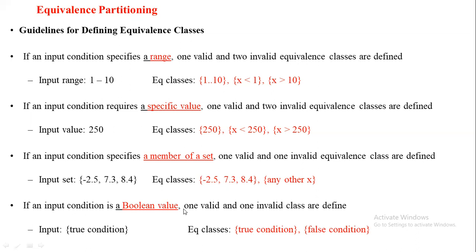So whenever you want to test the system, you have to design test cases from a valid domain and also from an invalid domain. This is what equivalence partitioning means.